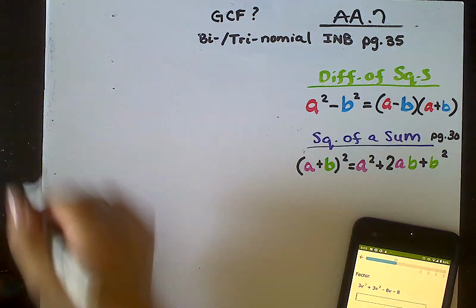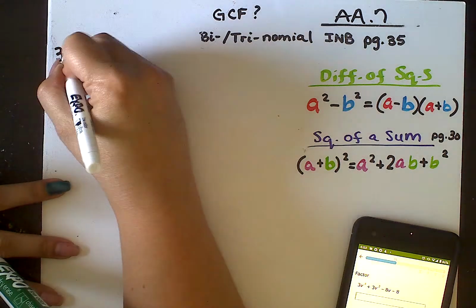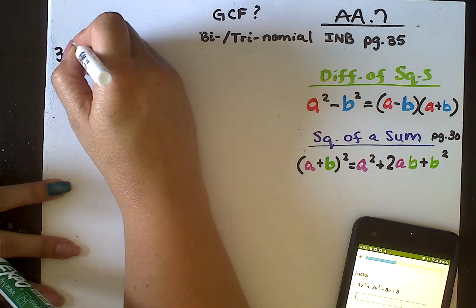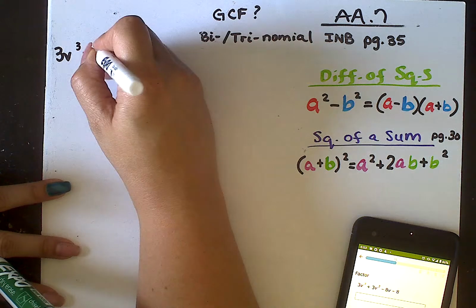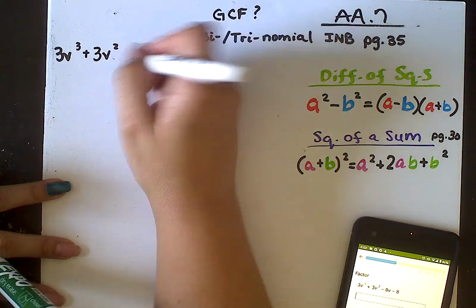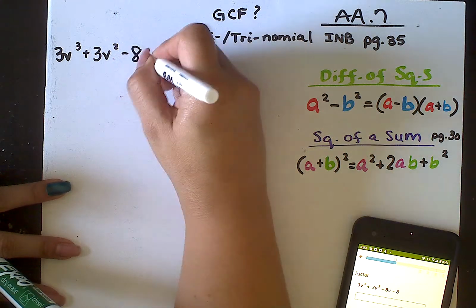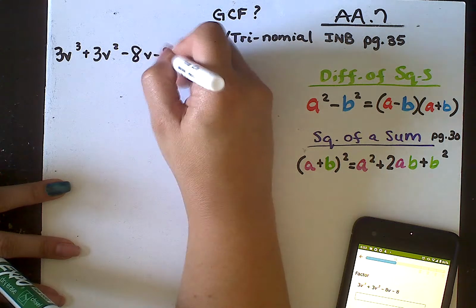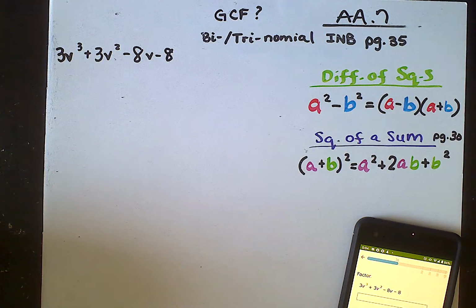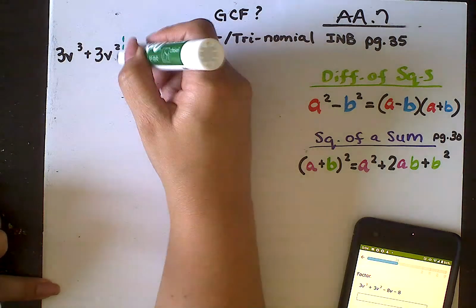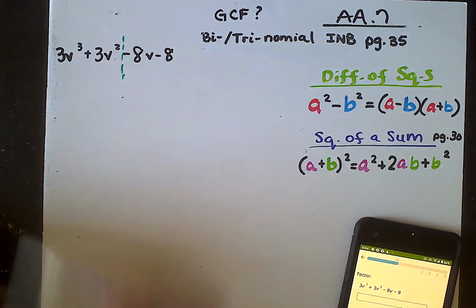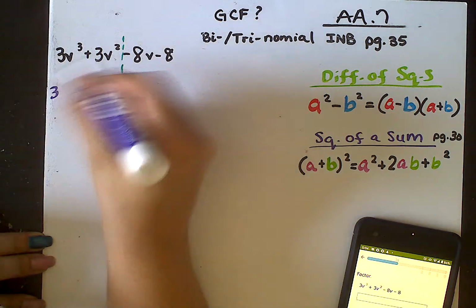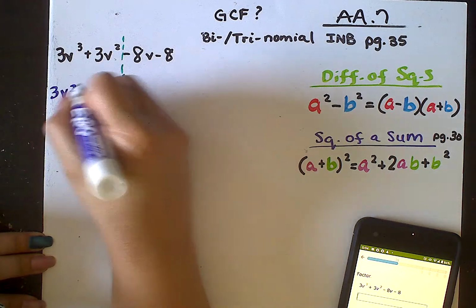Okay. This time we have 3v cubed plus 3v squared. Oh, it looks like they gave us another easy one. So I'm kind of going to go through this one a little bit more quickly because we've already done this. So again, I'm looking at that second term, 3v squared.